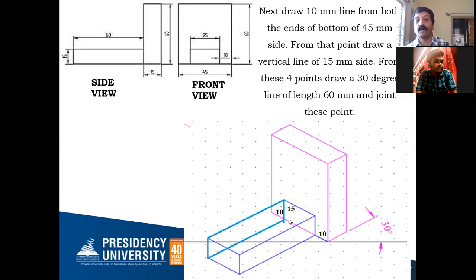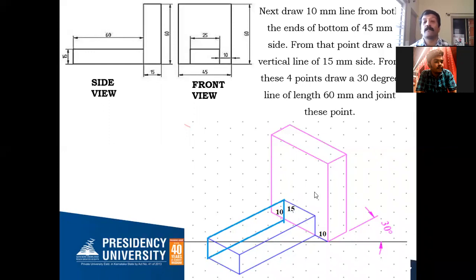Once again I'll repeat, from all these 4 points you draw a 30-degree line like this, and the length of this 30-degree line should be equal to the isometric 60, which is given here. So you will get 4 points. Once you get these 4 points, you join them, you are going to get one more rectangle here. Okay, so now the rectangular prism is ready.